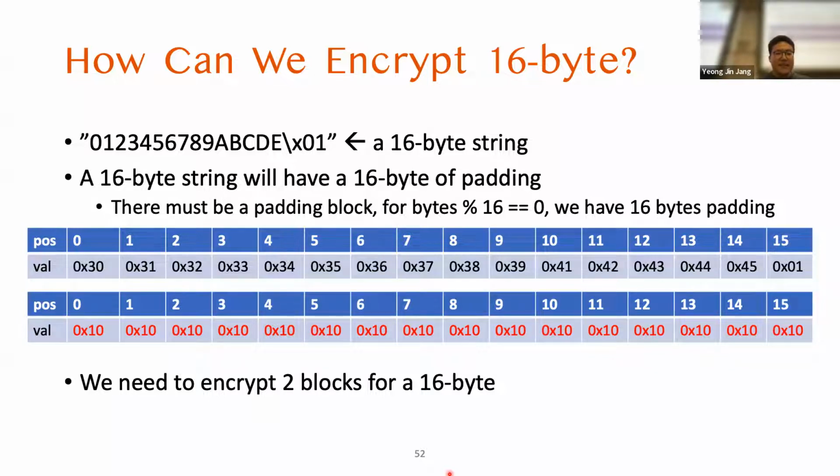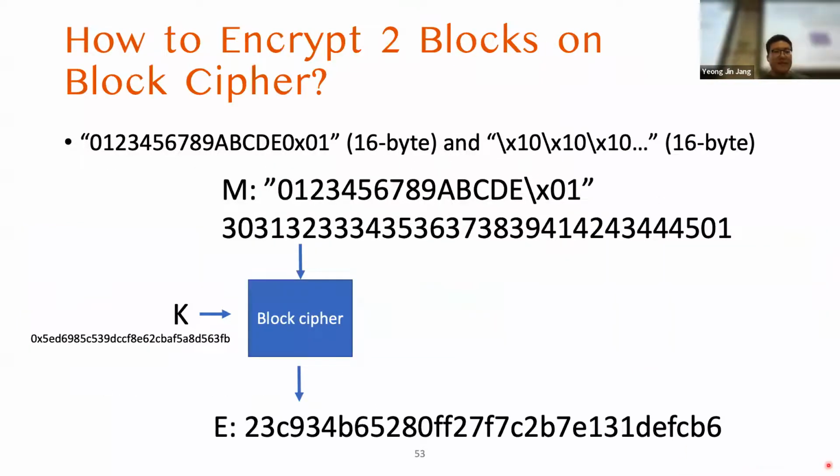Then the next question is, how can you encrypt 2 blocks with the block cipher? For example, if we want to encrypt this, and then as padding, we also need to encrypt that.